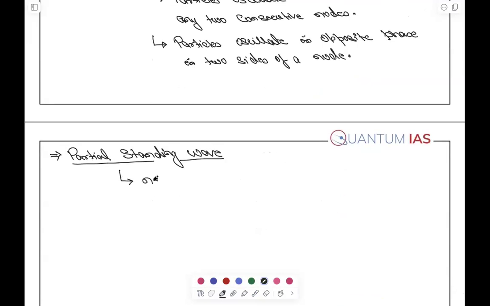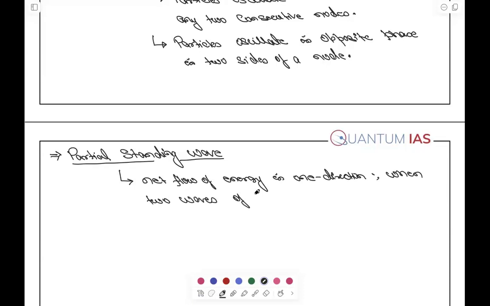So there will be a net flow of energy in one direction, when two waves of opposite phase interfere with each other.